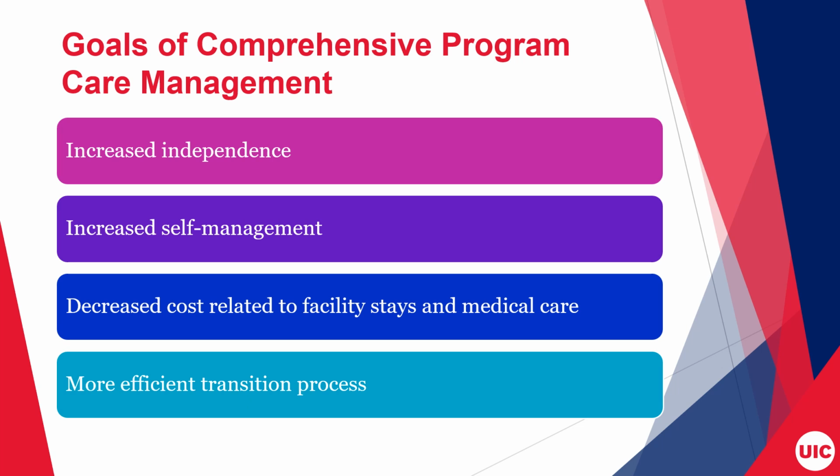This includes self-management across domains, including medical, psychiatric, functional, and community needs. Effective care management will also result in fewer hospitalizations, a lower incidence of reinstitutionalization, and less utilization of emergency acute medical care, which will decrease costs for the member and for the healthcare system as a whole.